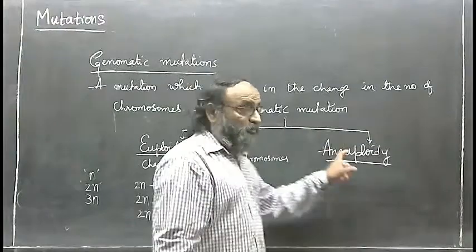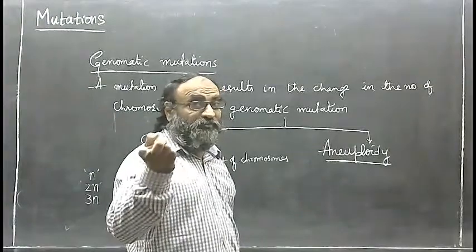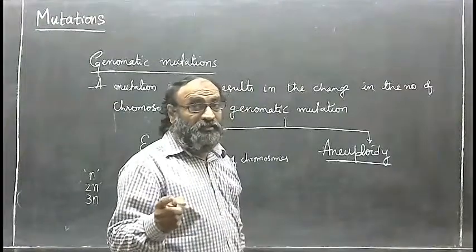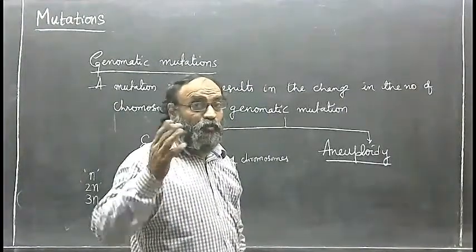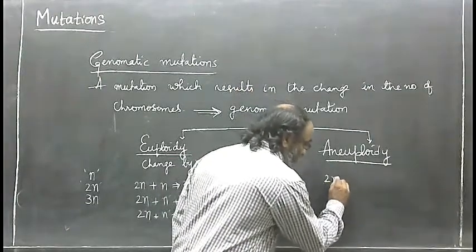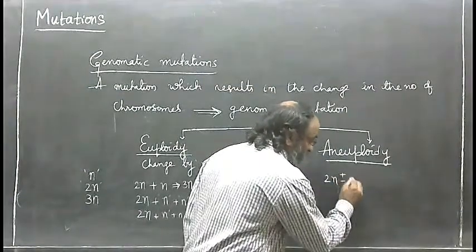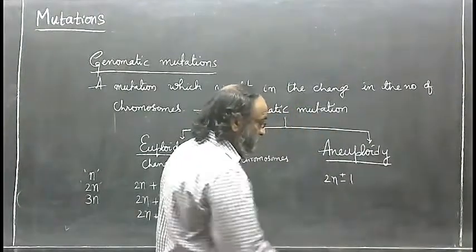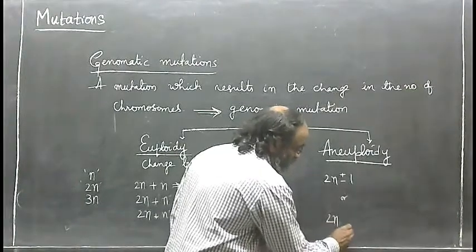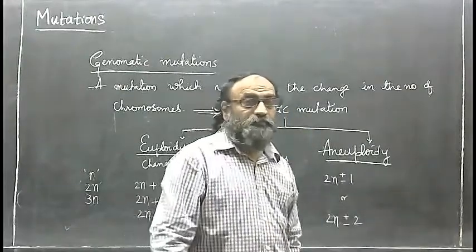In this case also, there is a change in the number of chromosomes, not by n set. How will be the change in the number of chromosomes over the diploid? That means it is 2n plus or minus 1, or 2n plus or minus 2.